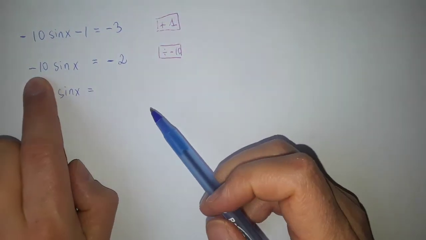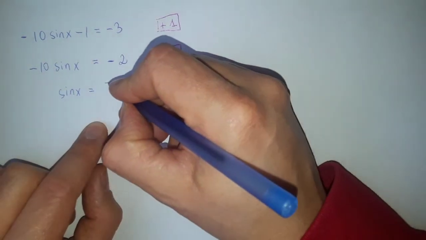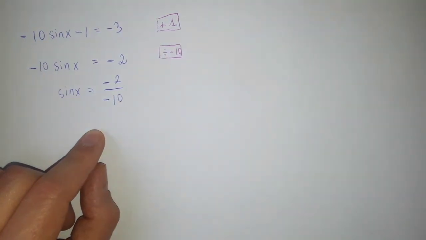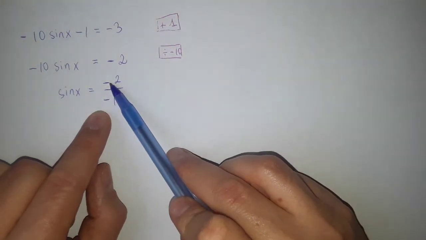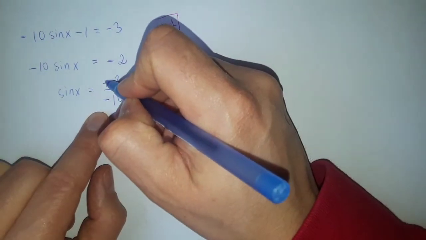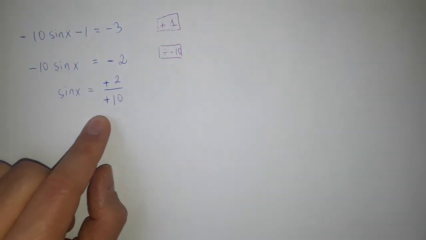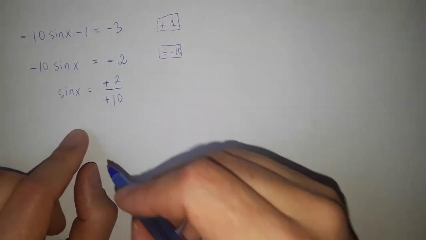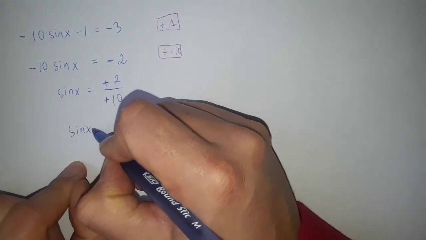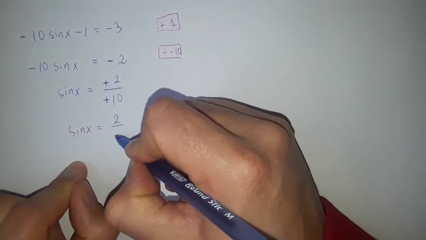This negative 10 is going down, dividing. So it's negative 2 over negative 10. Now when we have a negative dividing a negative, we can cancel both of them. So we have that sine of x equals 2 over 10.